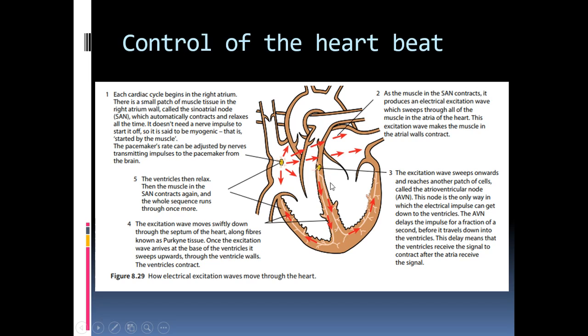So the delay is to ensure that the atria will contract first before the ventricle, right? Because the ventricle and atria cannot contract simultaneously, because the blood is not going to go anywhere, right? So the delay is to ensure that the atria contract first before the ventricle.